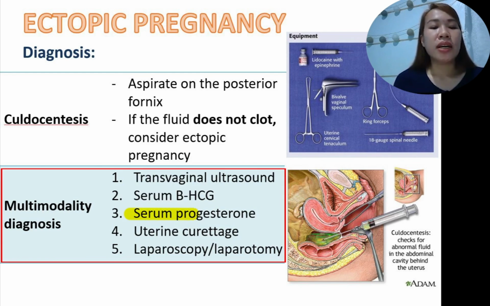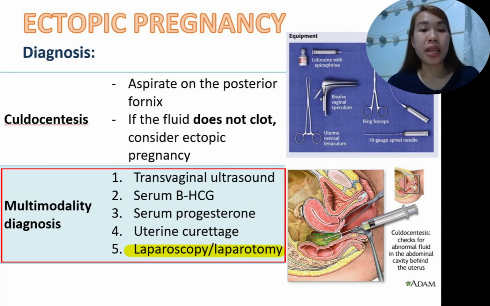Associated with a serum progesterone at a certain level, and performing uterine curettage, and there are no fetal conception, or a laparoscopy or a laparotomy. So this is a multi-modality diagnosis wherein we try to diagnose for an ectopic pregnancy.